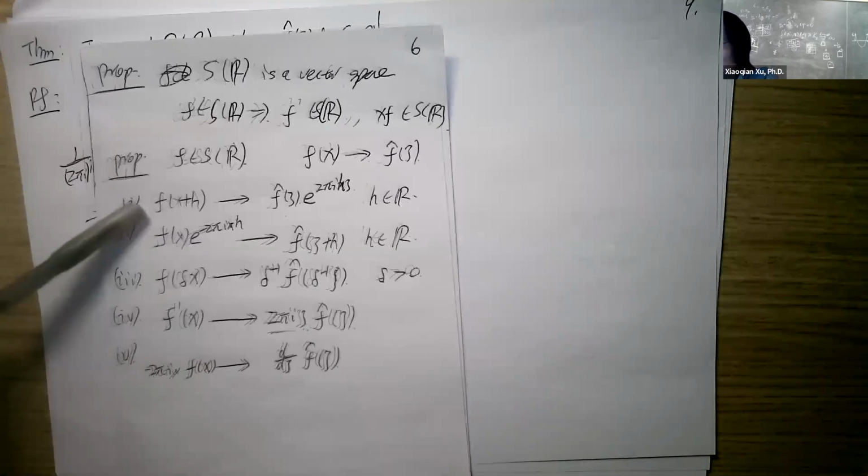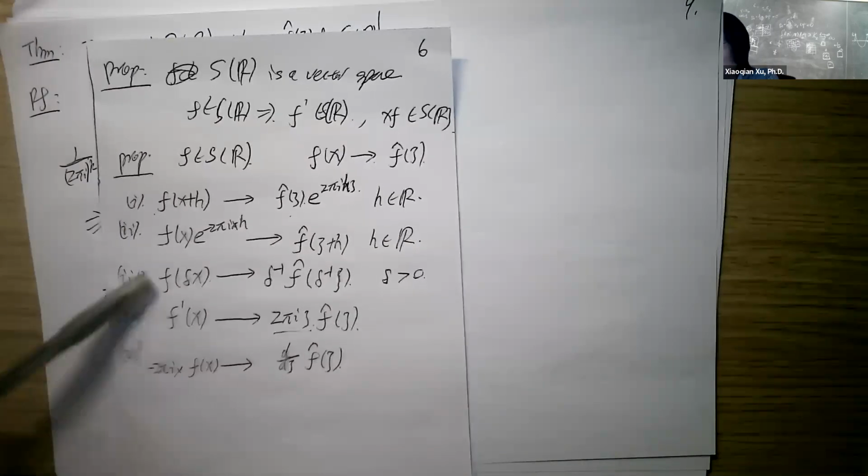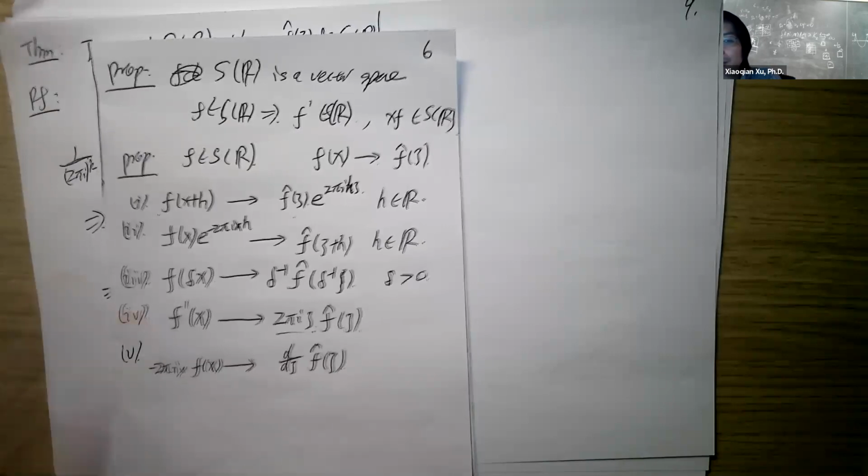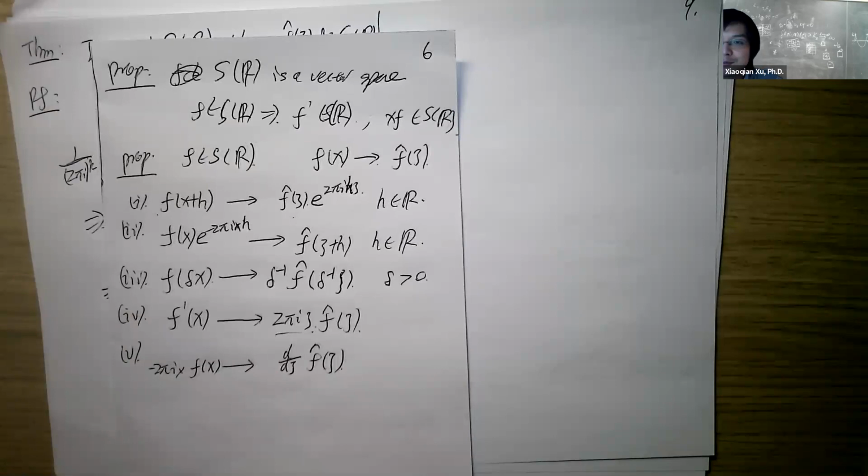For instance, this one and this one are both true for the moderate decreasing functions. But is this one true or not, or this one? You can try to check yourself for functions in M_R whether these two are true or not. Of course, for a Schwarz function, everything is true.